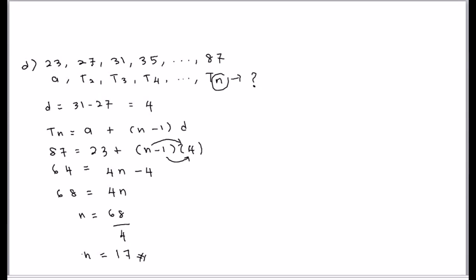This is first term, second term, third term, fourth term, and then we have many other terms in here. And then the last term, 87, is term number 17 because we get here n equals 17.